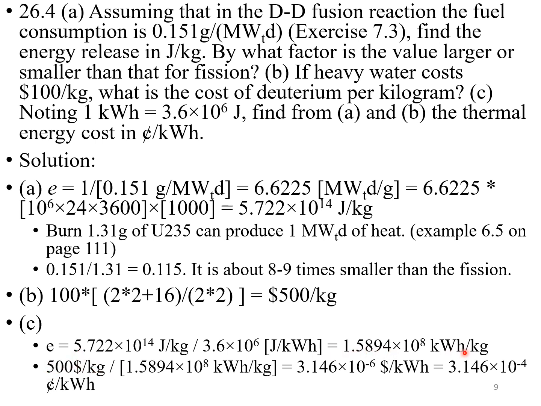Divide by this value. Then you get dollar per kilowatt hour, because the kilogram will be cancelled. You have the dollar in the numerator and the kilowatt hour in the denominator, so the unit will be dollar per kilowatt hour.